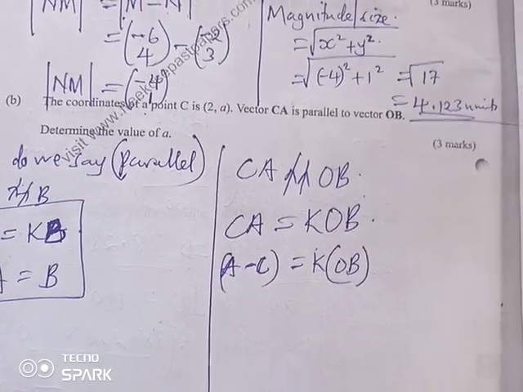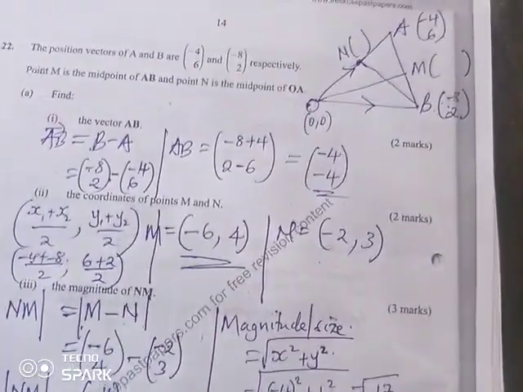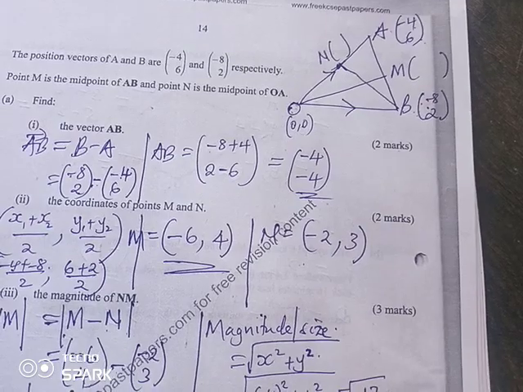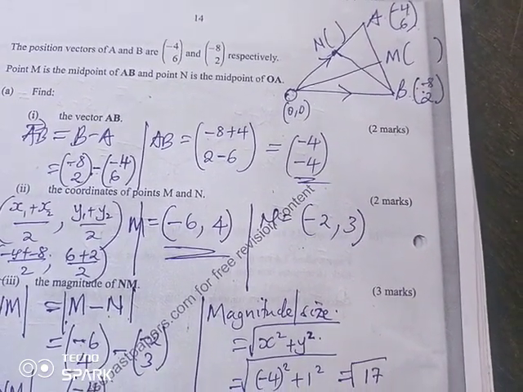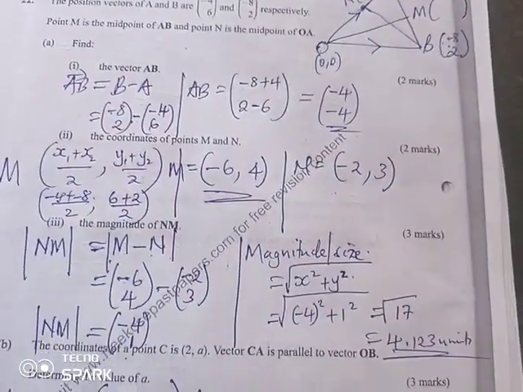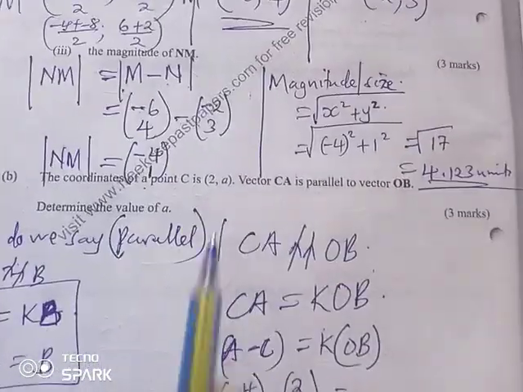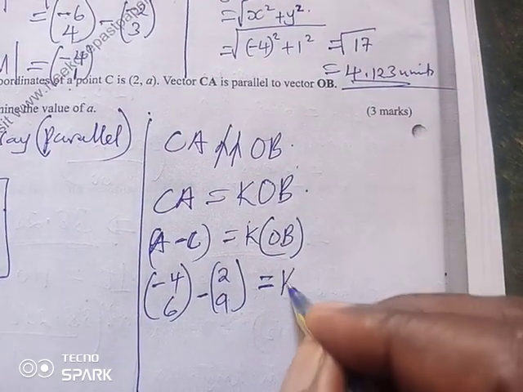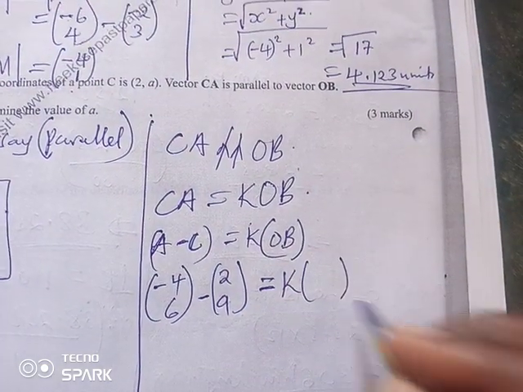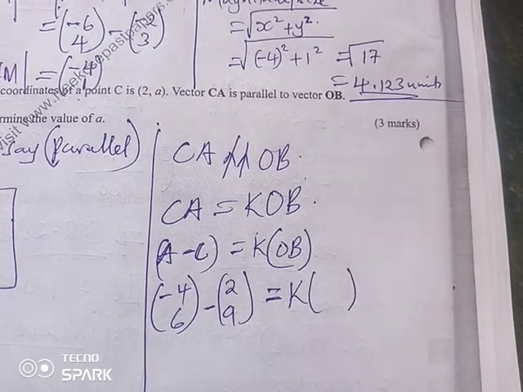We have the coordinates of A, the position vector is minus 4, 6, minus those of C. C we have been given as 2a here. Then which is equivalent to K, we don't know, we are looking for K, of OB.